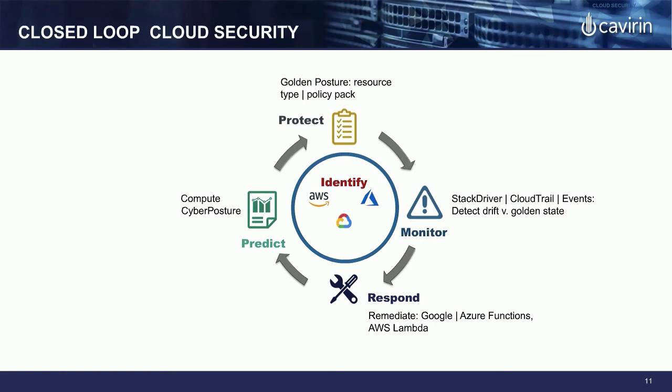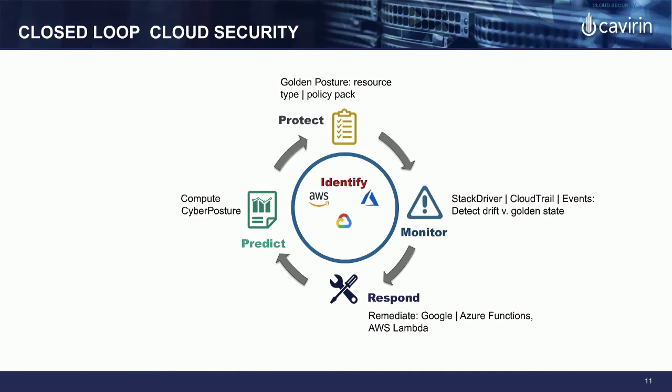And here again, like I said before, it's about identifying resources or services that you're using in AWS, Azure, and GCP. Creating golden posture standards using cloud control frameworks, monitoring your resources using whatever eventing mechanisms are available in the different clouds. For example, in the demo, you'll see AWS CloudTrail being used, but had it been GCP, you'd be using Stackdriver.